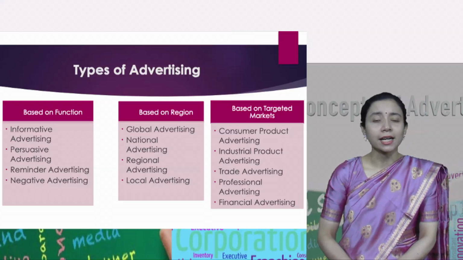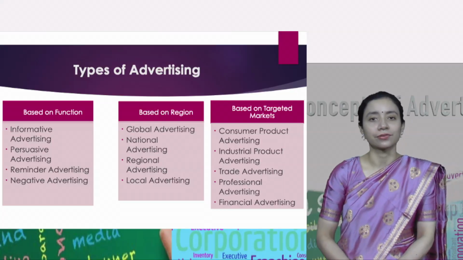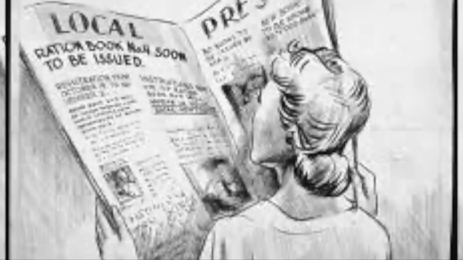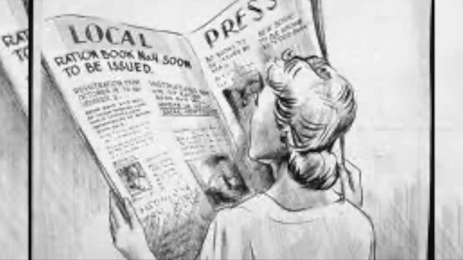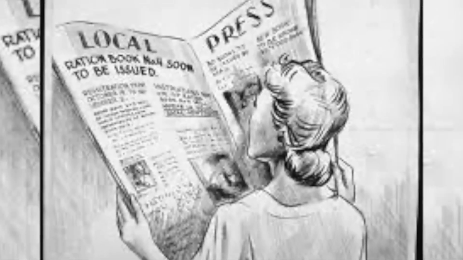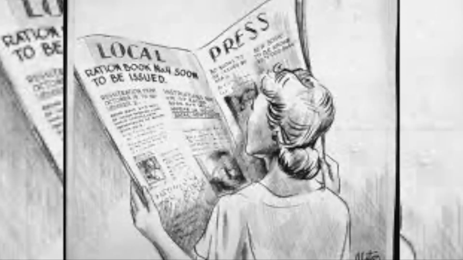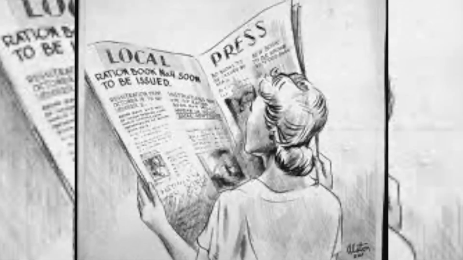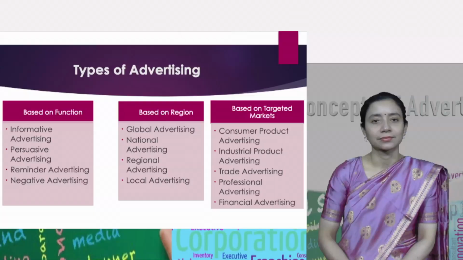And this can be done by the manufacturer, the wholesaler, or the retailer of the firm. For example, advertisements of the regional newspapers covering those states or districts where these newspapers are circulated is an example of regional advertising. Suppose, as far as Northeast is concerned, the Assam Tribune is a very popular newspaper.